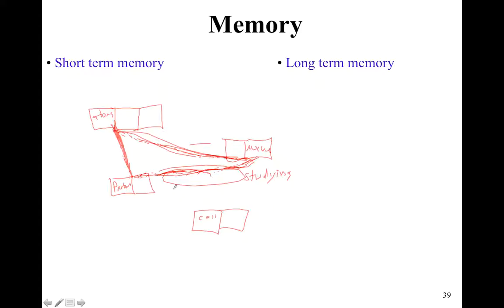And studying is really just kind of walking this pathway back and forth. You keep studying, you read about it, you hear it, you watch a video on it, you write it down, you use flashcards. That's what studying is. And the more you study, the stronger this connection becomes. Now, if you don't use it for a long time, the connection can become weaker.